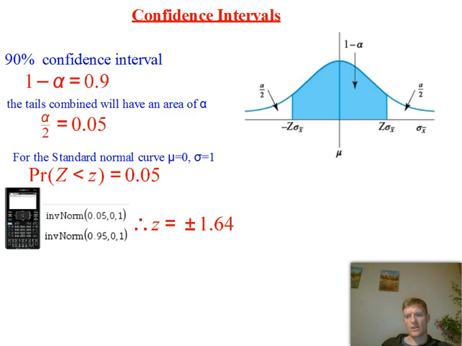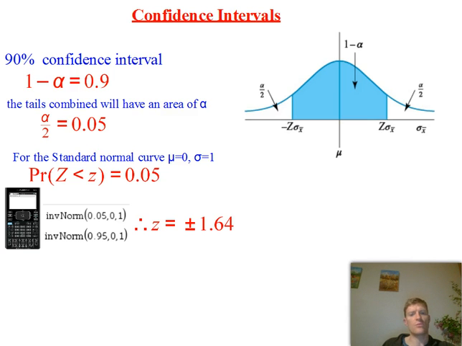Okay, and you can see on this area over here, the left-hand side, where it's a negative Z value, the area has to be less, this 5%. Whereas way over on this side, to get the positive Z-score value, we're looking at the whole lot to the left of that number.